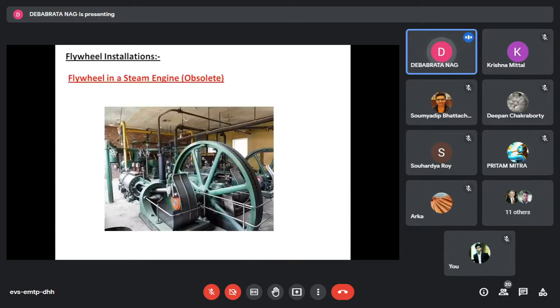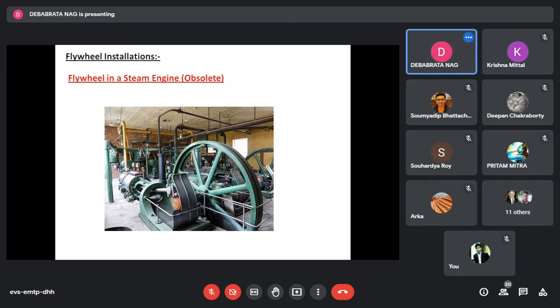Now, before coming to the next part, let me talk about why we are taking the flywheel as the object of the experiment. Basically, we try to say what is meant by a flywheel. The flywheel refers to a massive rotating body, with huge mass, and normally that mass is distributed far away from the axis of rotation of the body.